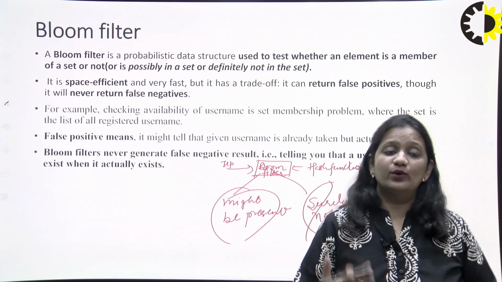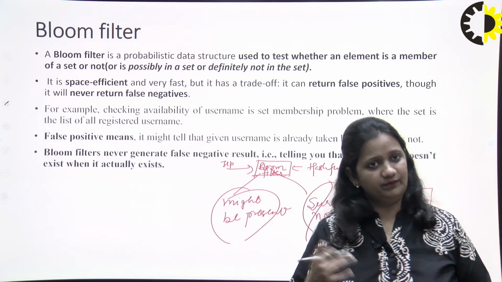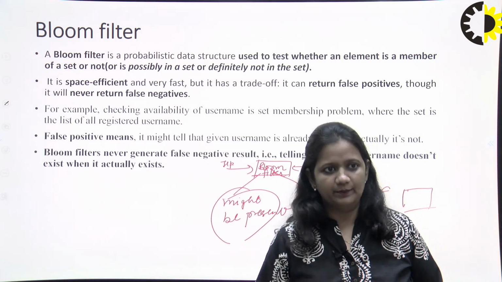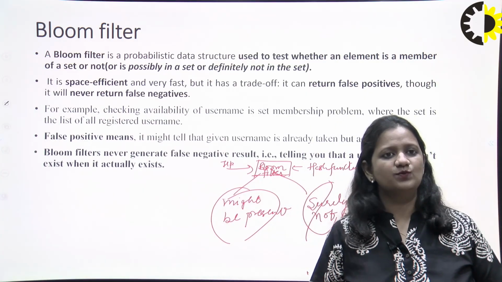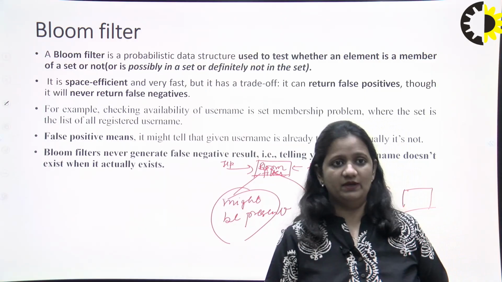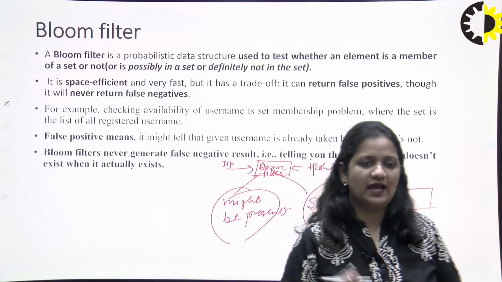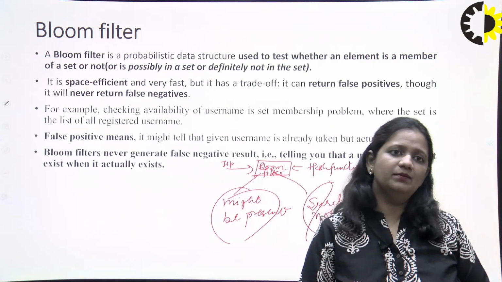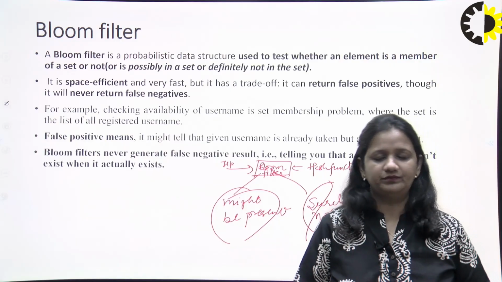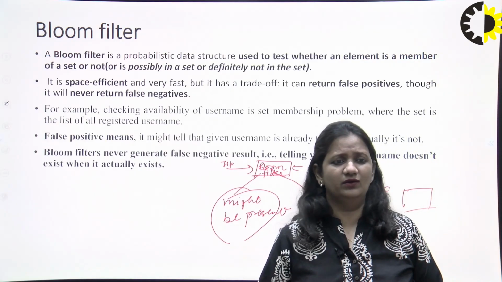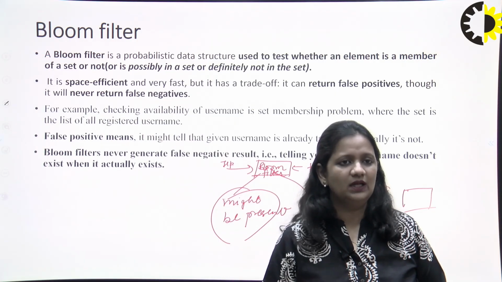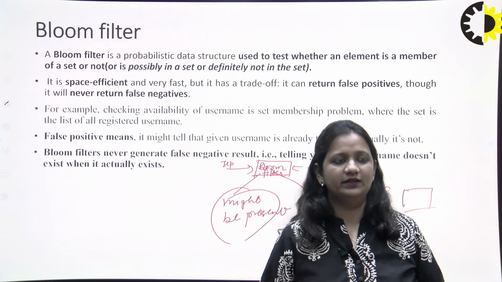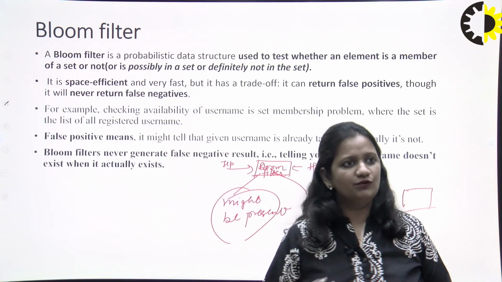It always assures you that it is present, so choose another name. And what is a false positive? If maybe a username is not present and you enter that name, it may result in saying it is present, choose another name. That can be possible, but it can never return a false negative result.